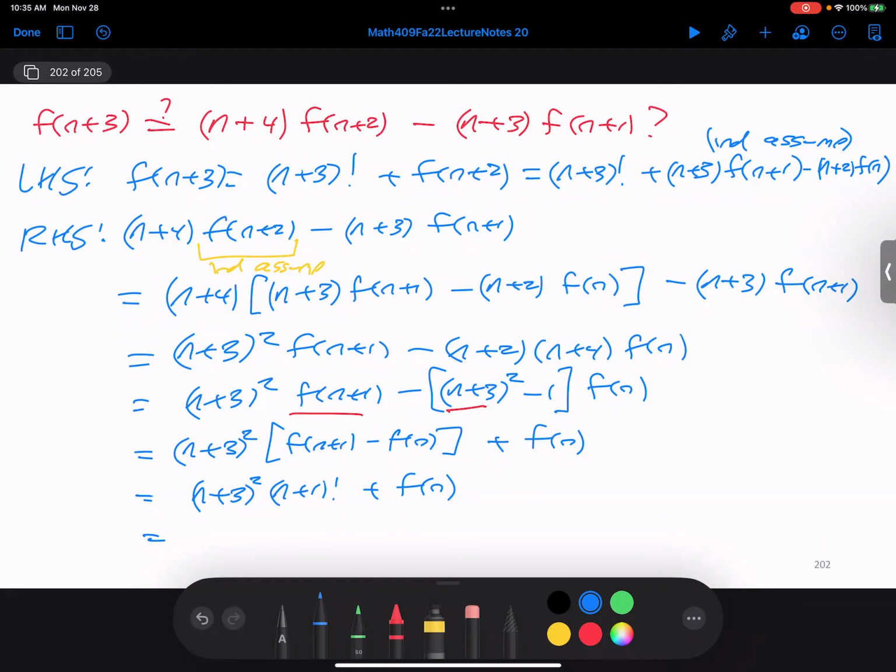So what I want to do is I want to have an n plus 3 factorial. That should be an n plus 3 times n plus 2. So I'm going to write this as n plus 3 times n plus 2 plus 1 times n plus 1 factorial plus fn.